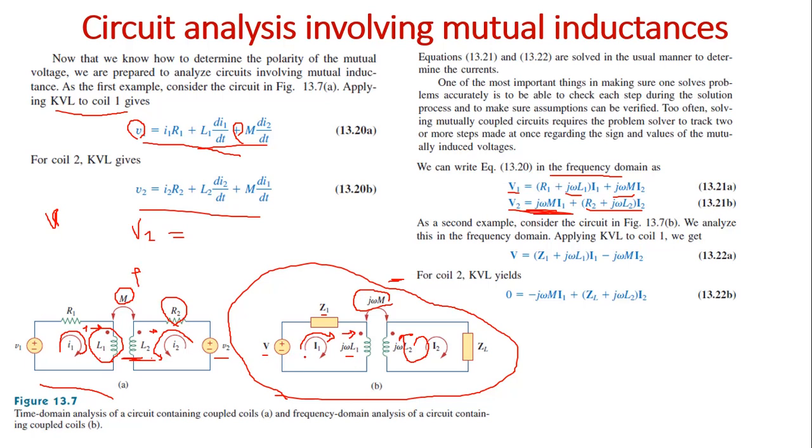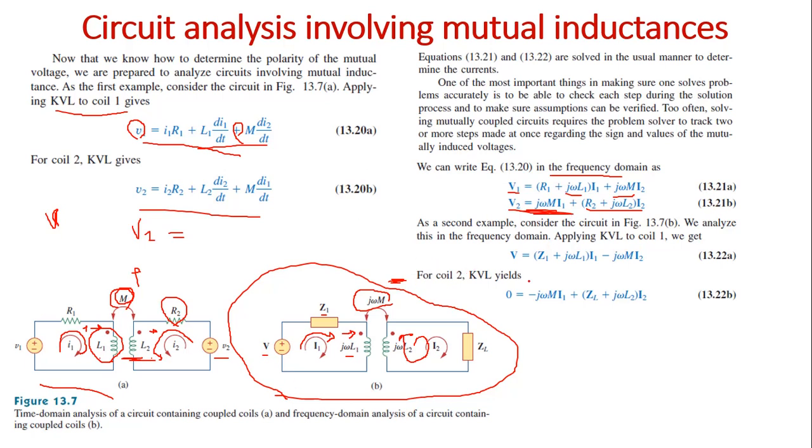Whereas here current enters the dotted terminal in one coil and in the other coil current leaves the dotted terminal, so the mutual voltage is negative. So before writing the KVL equations, first you have to determine the polarity of this mutual voltage, then we can write the equations.